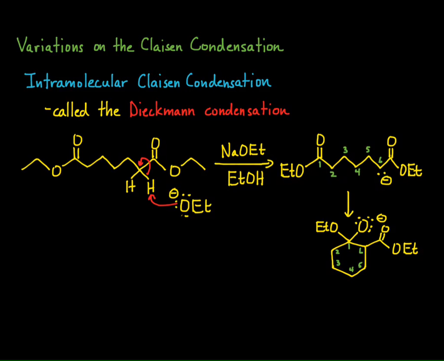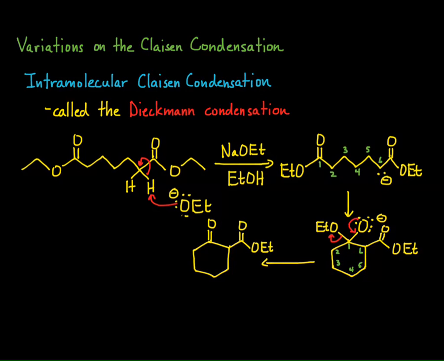The next step, as we've seen with Claisen condensations, is an elimination step. I'm going to reform the carbonyl and kick off the ethoxide. The result is that beta keto ester. Now, it's a cyclic beta keto ester, and that's the cool thing about these types of reactions.